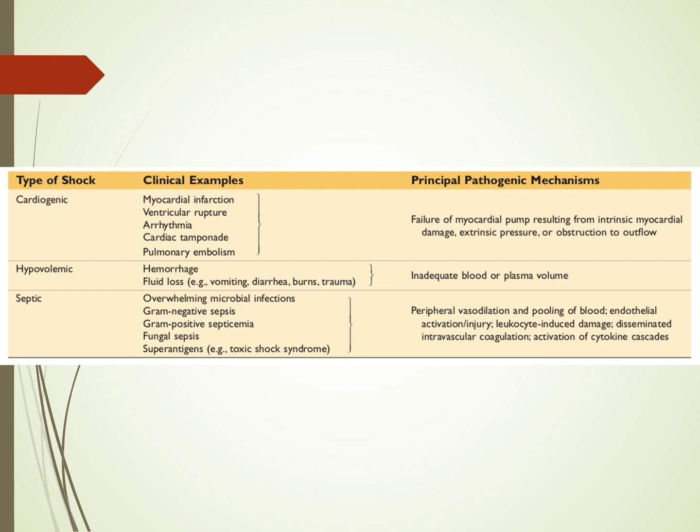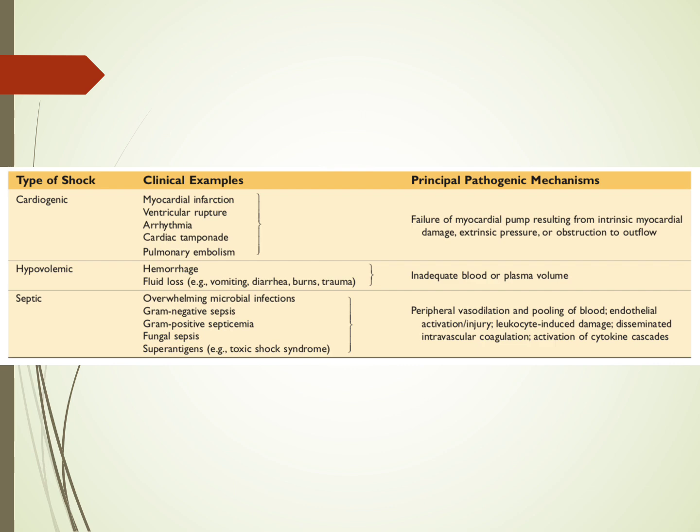But in certain cases, the myocardial muscle is okay. However, there is an extrinsic pressure limiting the myocardial muscle's contractile ability, meaning there is external pressure from accumulation of fluid or blood in the membrane surrounding the heart, the pericardium.